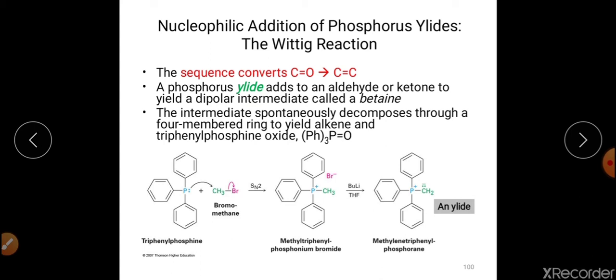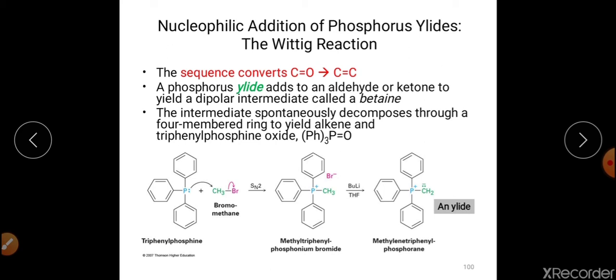So in this particular reaction, if I am talking about the Wittig reaction, in this reaction we use the phosphorus ylide. And what is the important part of this reaction is that in case of Wittig reaction we use the phosphorus ylide, and phosphorus ylide is generally a species that contains positively charged phosphorus and that is attached to the carbon, and carbon bears a negative charge.